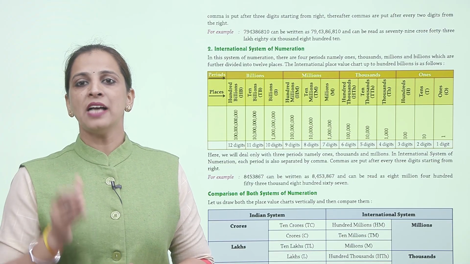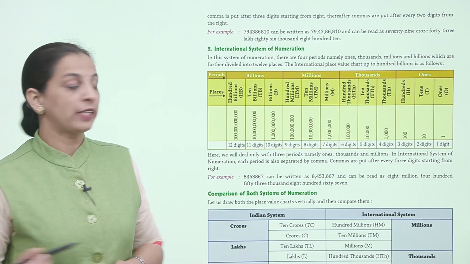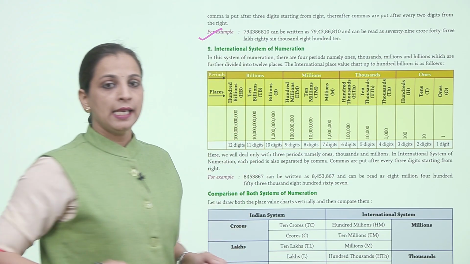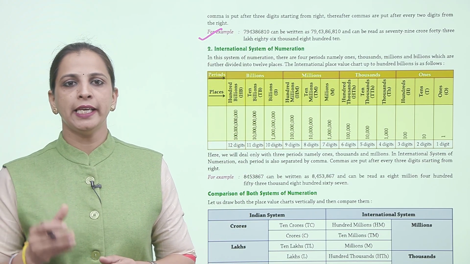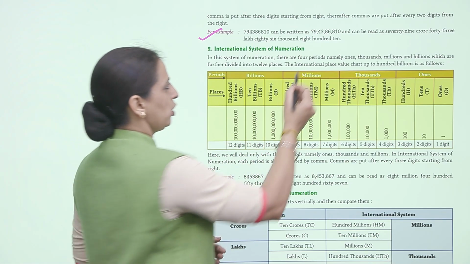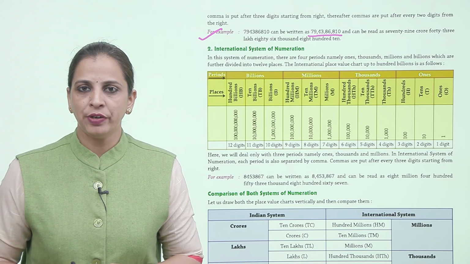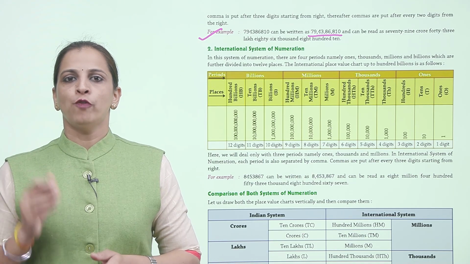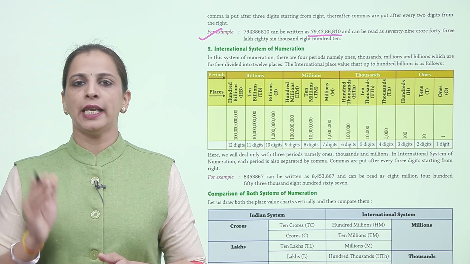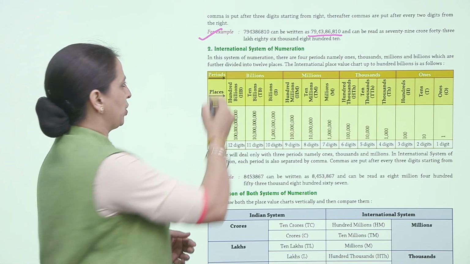Thereafter, commas are put after every 2 digits from the right. For example, 7943868810 can be written as 79,43,86,810 and can be read as 79 crore 43 lakh 86,810.